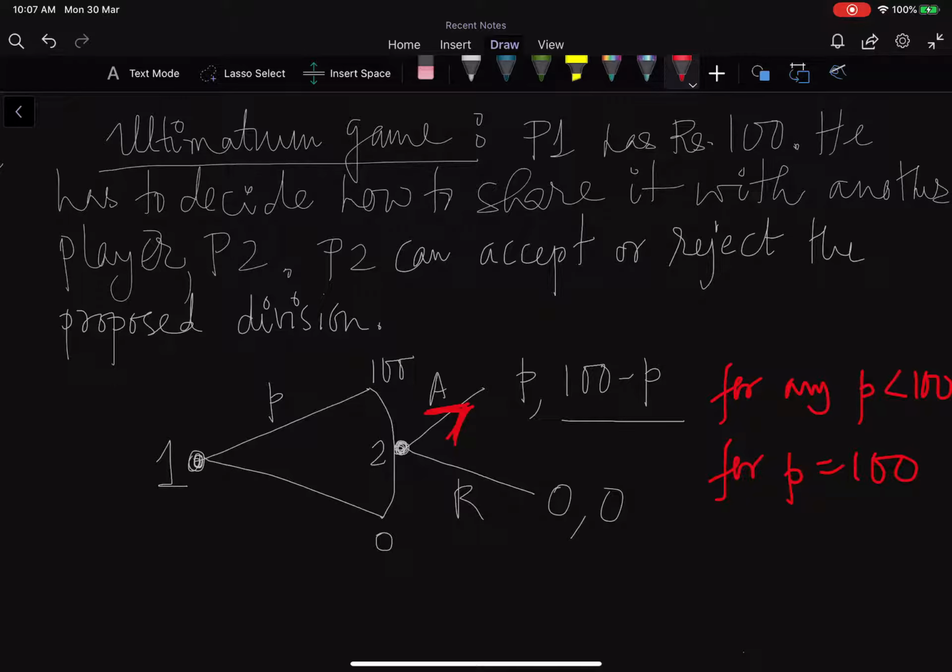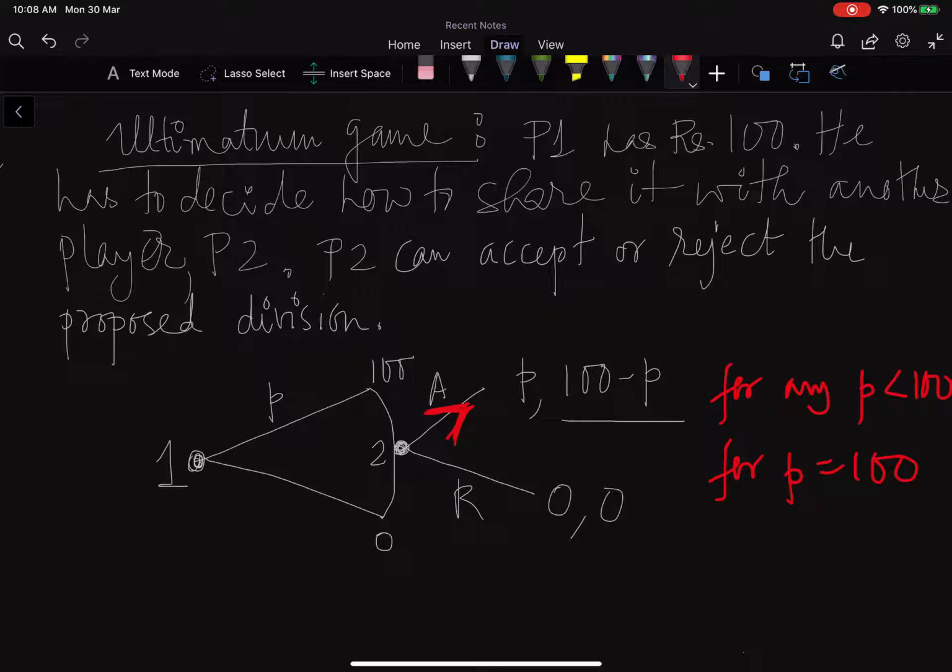Notice here player 2 has to specify an action for all possible nodes in which he gets to move, and there are lots of nodes. Even though I have drawn a representative node, for every P player 2 can move, so player 2's choice must be conditional on P. That's why I'm putting this condition here. For any P less than 100, it's quite easy, because 100 minus P is positive, so player 2 should choose accept, because that gives a higher payoff. But even for P equal to 100, player 2 is indifferent between accept and reject, so accept is a best response.